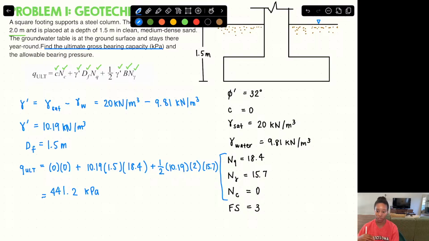You want to account for some factor of safety just in case geotechnical conditions aren't exactly as they were at the time the geotechnical survey was done. So the q allowable is going to be equal to the ultimate bearing capacity divided by the factor of safety, which is given over here. So the factor of safety is 3. So we're going to do 441.